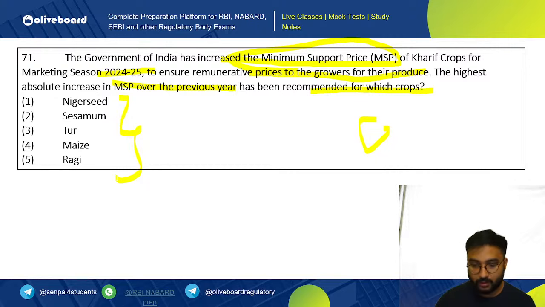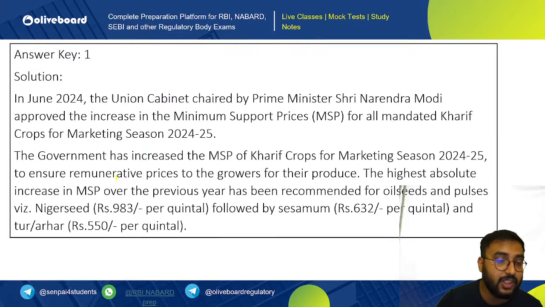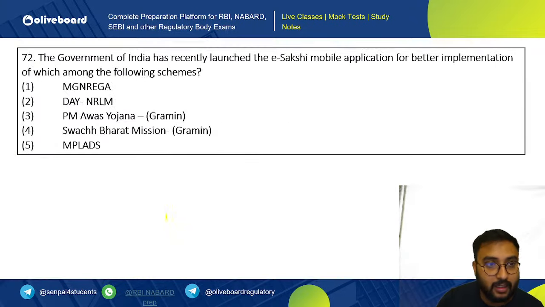Very good, excellent. Shri Prasad Pal has given the correct answer. Niger seed is the correct answer, followed by sesame and followed by tur and arhar dal.